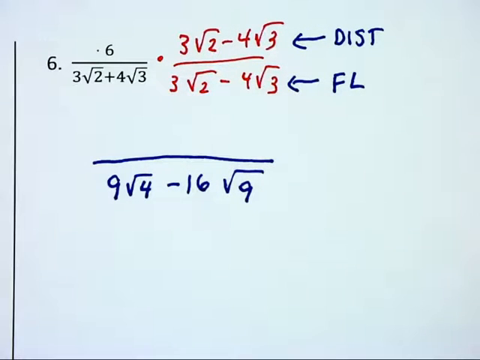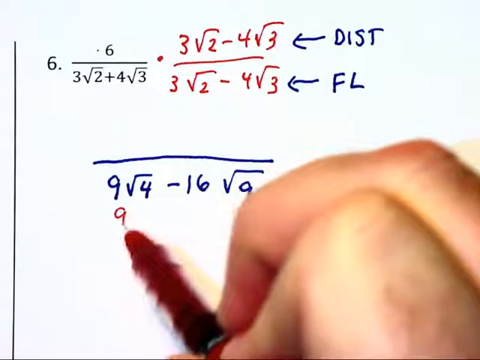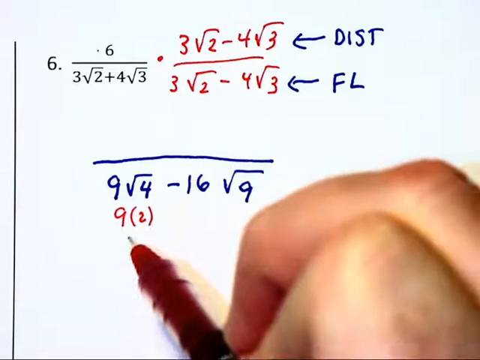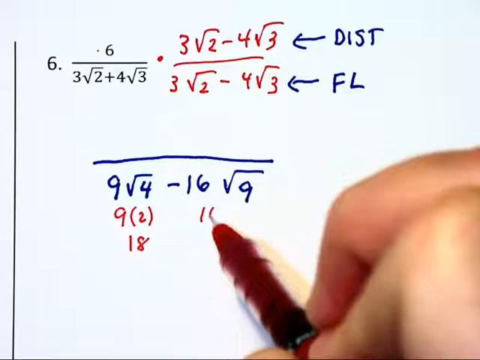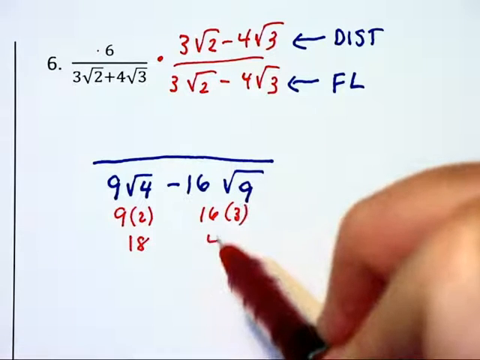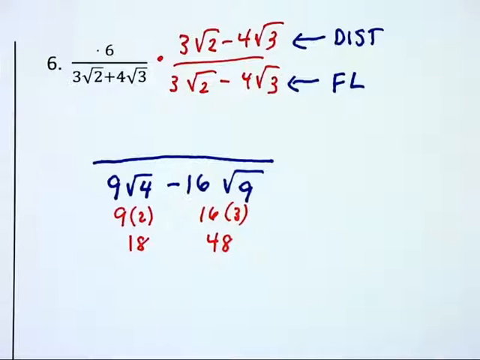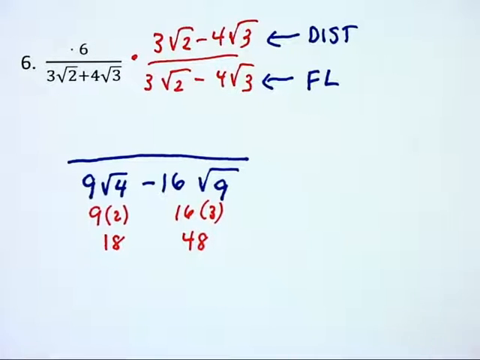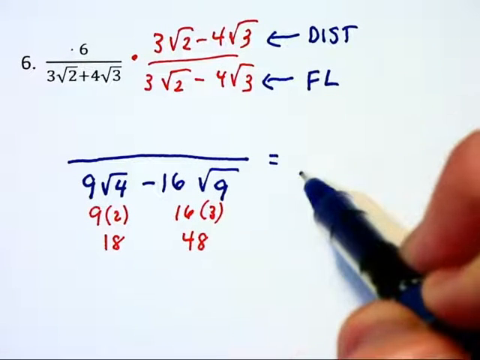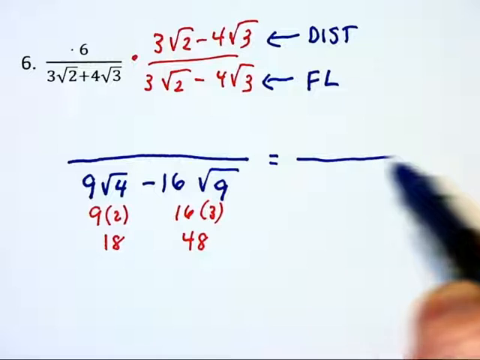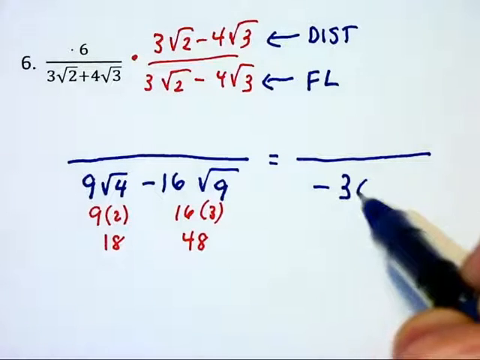Okay, let's look at what we really have here. This is a 9 times 2, which is 18, and 16 times 3, so this is 48. And so our denominator really is 18 minus 48, which is negative 30.